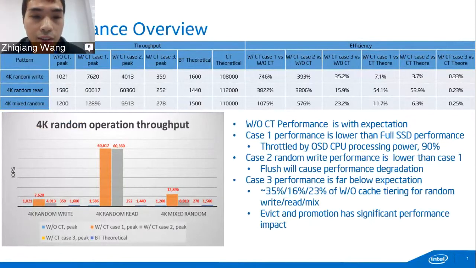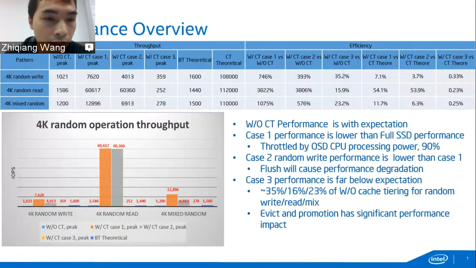Okay. This is some testing we did before on cache tiering performance. We did 4 cases. The first three are for cache tiering, and the last one is without cache tiering. But we have 2 SSDs acting as the journal.